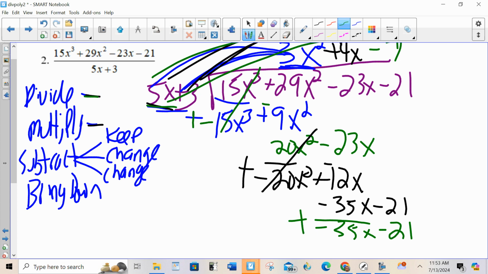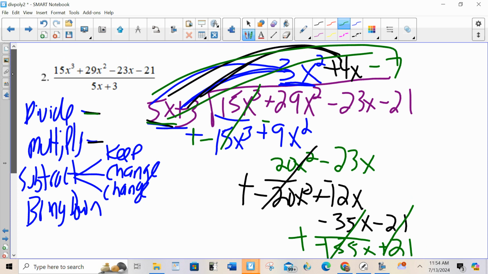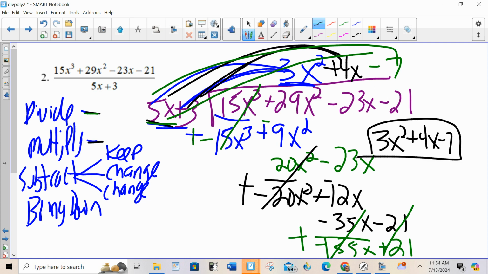Subtract, keep, change. Everything canceled, which means my remainder is 0. There is nothing left to bring down. So my answer is 3x squared plus 4x minus 7. If there was a remainder, I would write plus the remainder over the divisor, but since it divided evenly, I wouldn't need to do that.